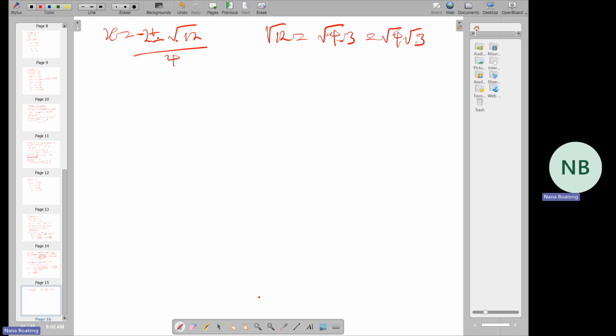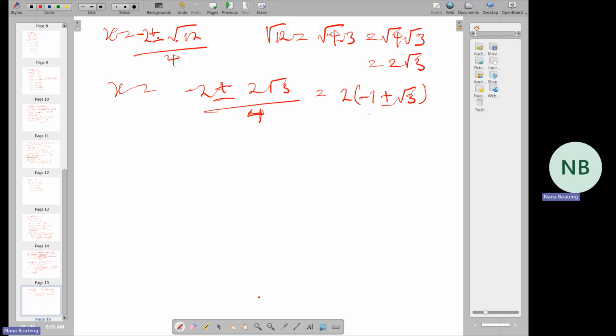Square root of 4 is 2. So it's equal to 2 square root of 3. So this becomes x is equal to -2 plus or minus 2 square root of 3, all divided by 4. And we can see that we can factor 2 out of the numerator. So this becomes 2 times -1 plus or minus square root of 3, divided by 4.